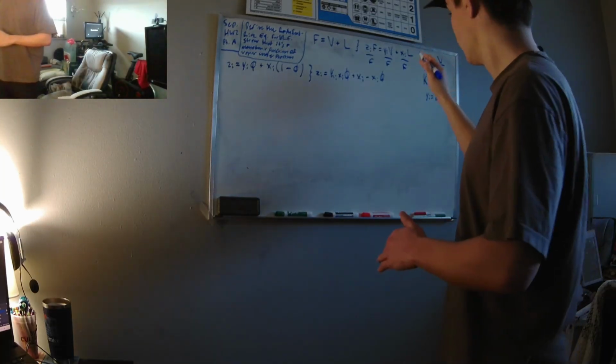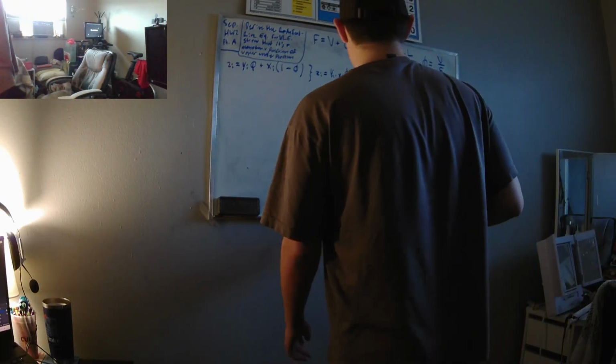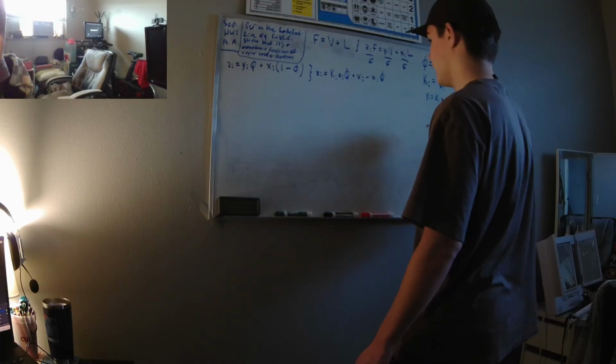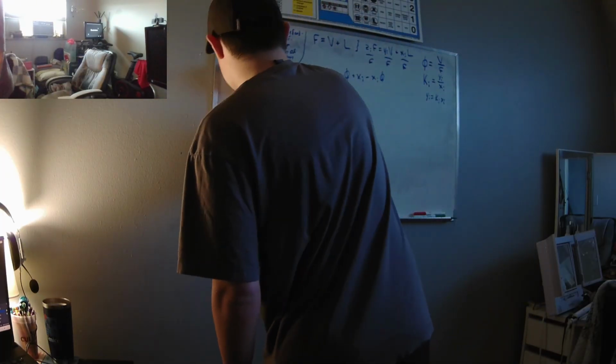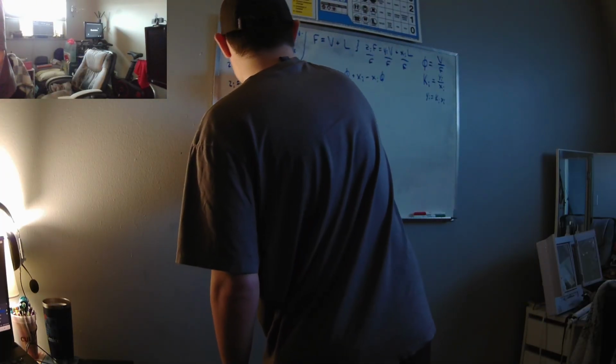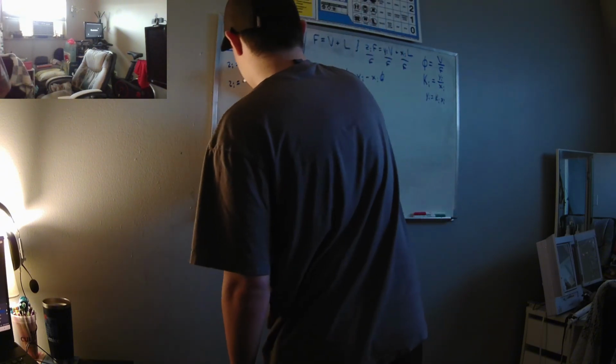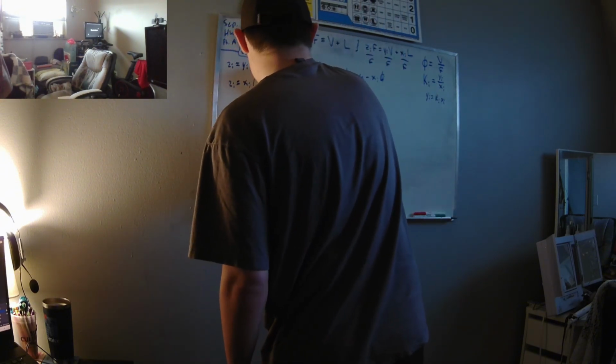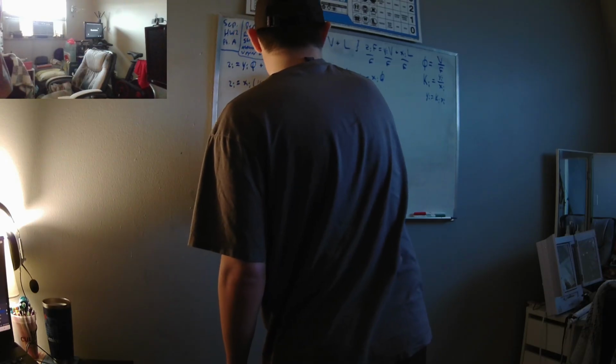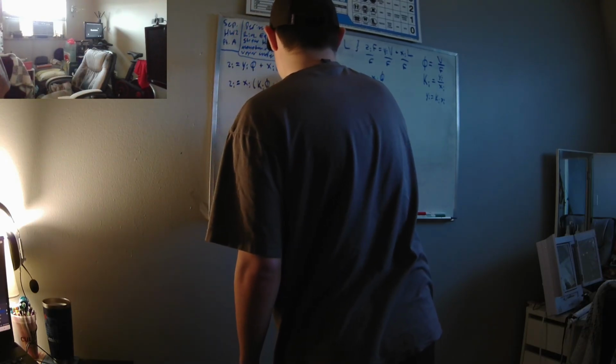And then factoring out our Xi, we can get Zi equals Xi times Ki phi plus 1 minus phi.